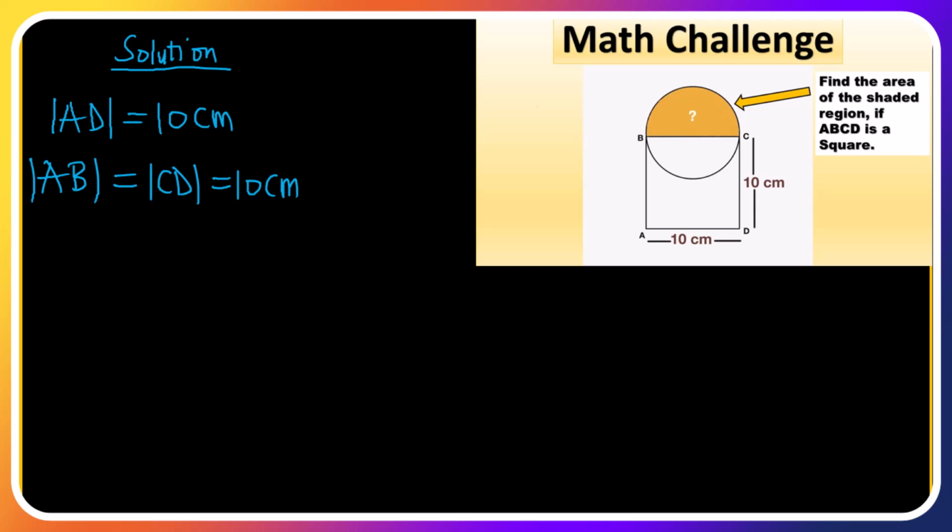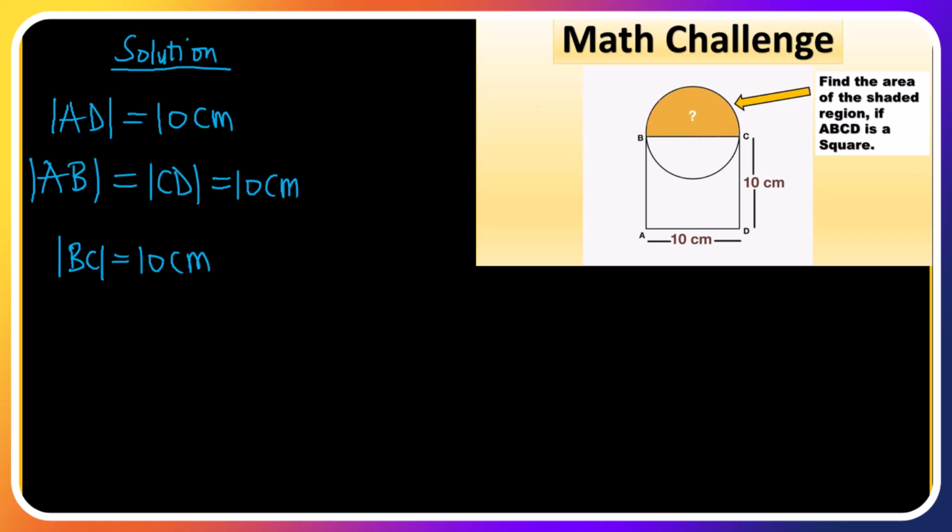Now the diameter BC also measures 10 centimeters, which is also equal to AD. So it's a square, and by the properties of a square, all the sides are equal.